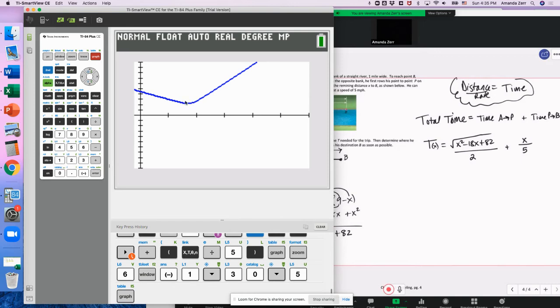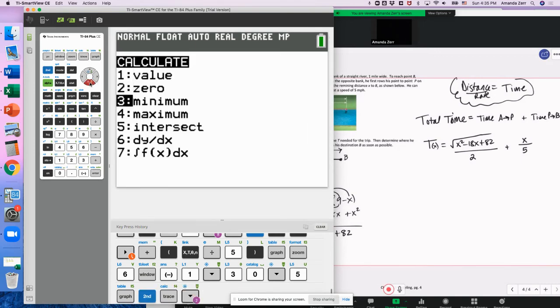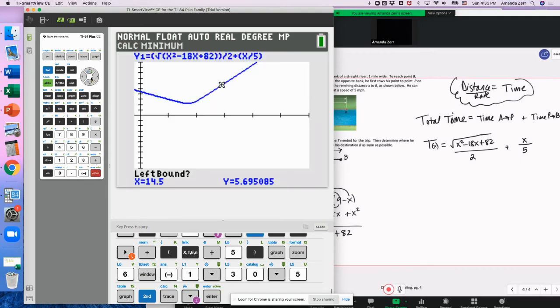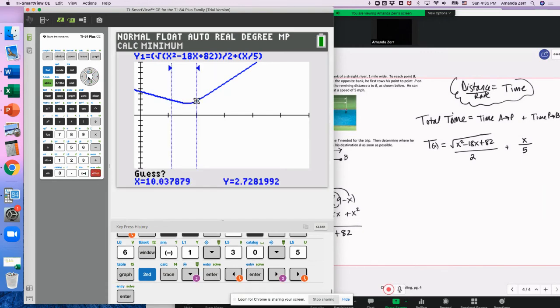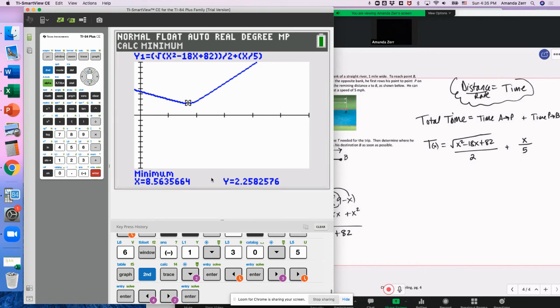Okay, and then I can see where that minimum is. I'm going to calculate the minimum. So that's number 3, and then we have to do that whole rigmarole of left, enter, and then scoot over to the right, enter, and then guess. And looks like about here, enter. There we have it. Okay, so the minimum x equals 8.56.